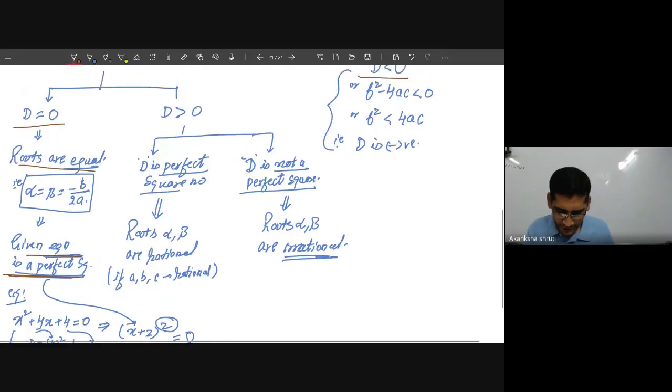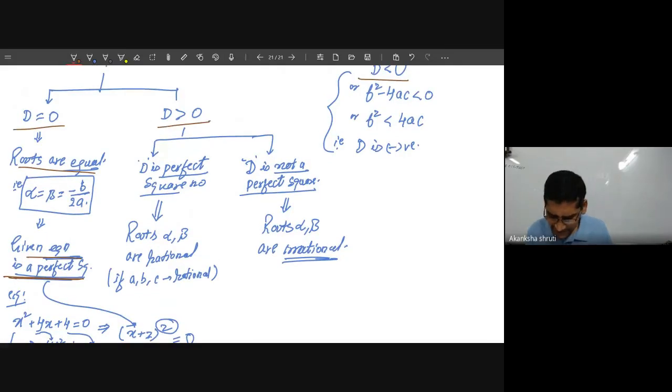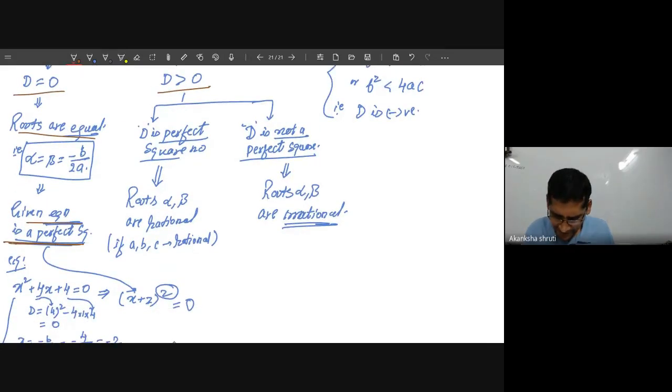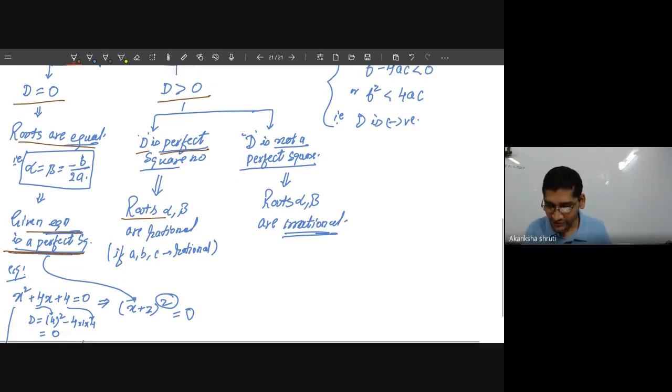Now coming to D greater than 0: in this case, if D is a perfect square, then the roots are rational, meaning they are a ratio of two integers. If D is less than 0, that is already imaginary, so don't worry about that.